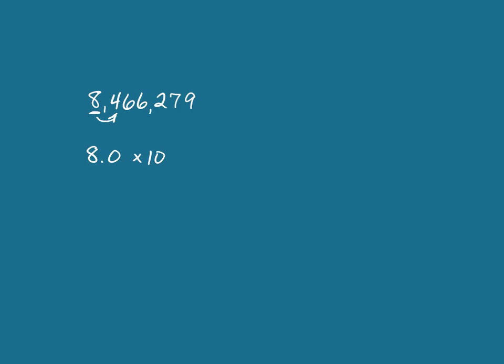I'm going to just erase this for a second so that doesn't confuse us with the rounding. So from the millions place, it is 1, 2, 3, 4, 5, 6. So it's 10 to the 6th. And again, we're going to double check it and make sure that's right. You have 8.0.